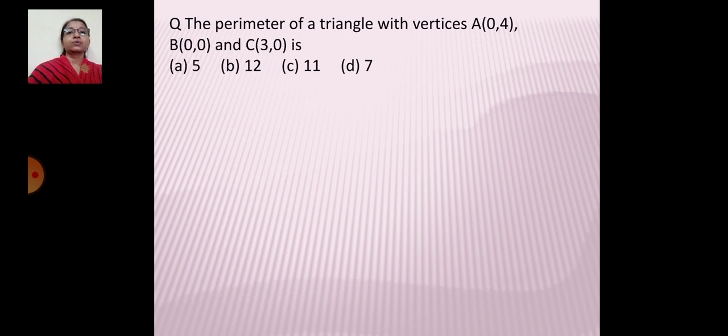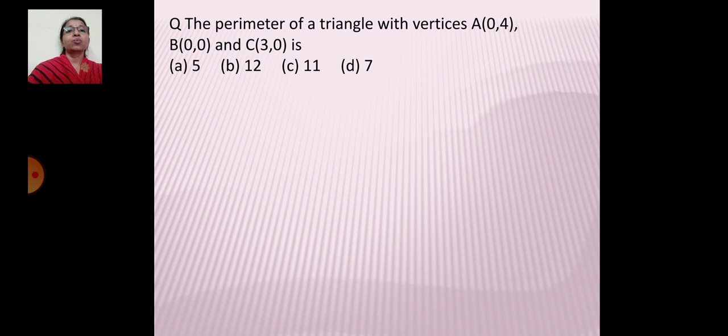Now next question. The perimeter of the triangle with vertices A 0, 4, B 0, 0 and C 3, 0 is. Perimeter is nothing but the sum of all the three sides of a triangle. So to calculate this perimeter, you should know the lengths of all three sides, right?